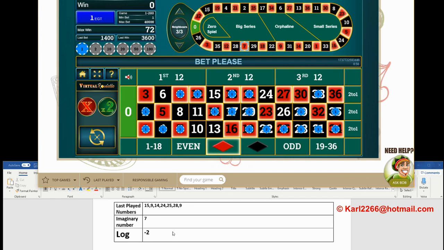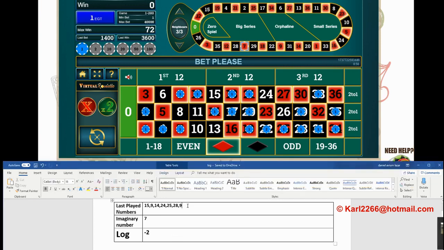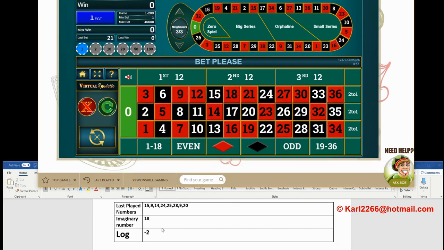And the new winning number after number 9 is number 20. So what we do now when we got 20 and the logarithm minus 2, we got a new imaginary number which is number 18. With 18 we place bets on 18 and the terminals from 18, which are 23 and 11.